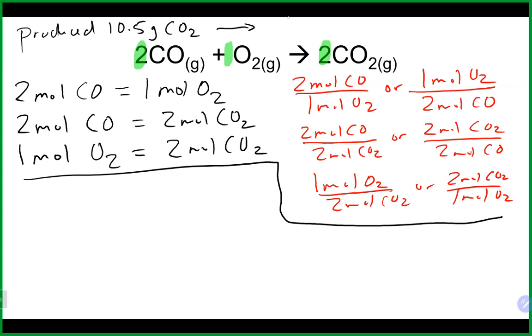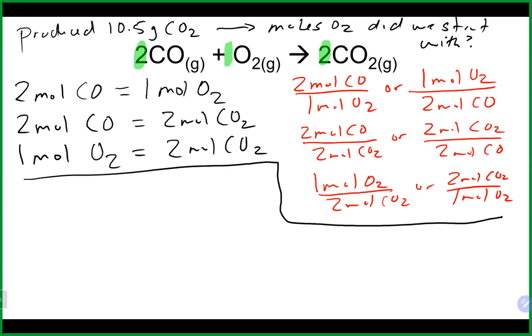And we want to know how many moles of O2 did we start with? So in this case, we know that we produced 10.5 grams of CO2, and we want to know how many moles of O2 we started with.